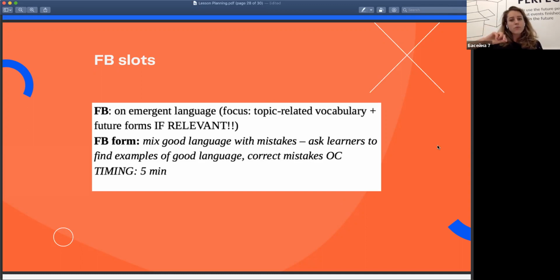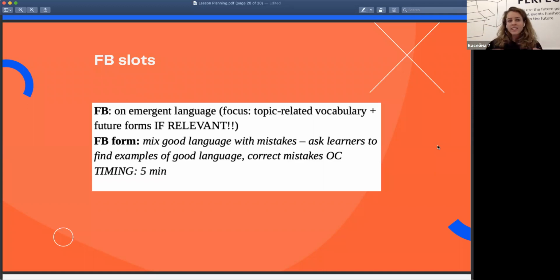And I will have feedback focused on topic-related vocabulary, again, something that they will use in the communicative activity. If necessary, I can pay attention to the focus, to the future forms, because that is something that we learned with them. There are questions related to it, so I will pay attention if they use it or not. I can also give feedback on their background knowledge.